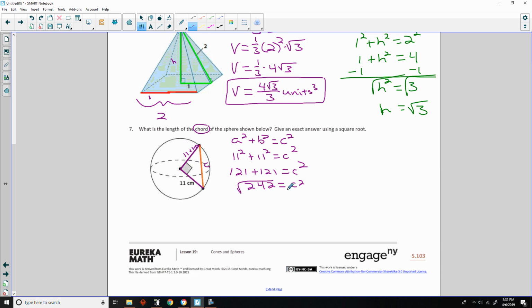When I take the square root of the left, I have to take the square root of the right. So c equals the square root of 242.